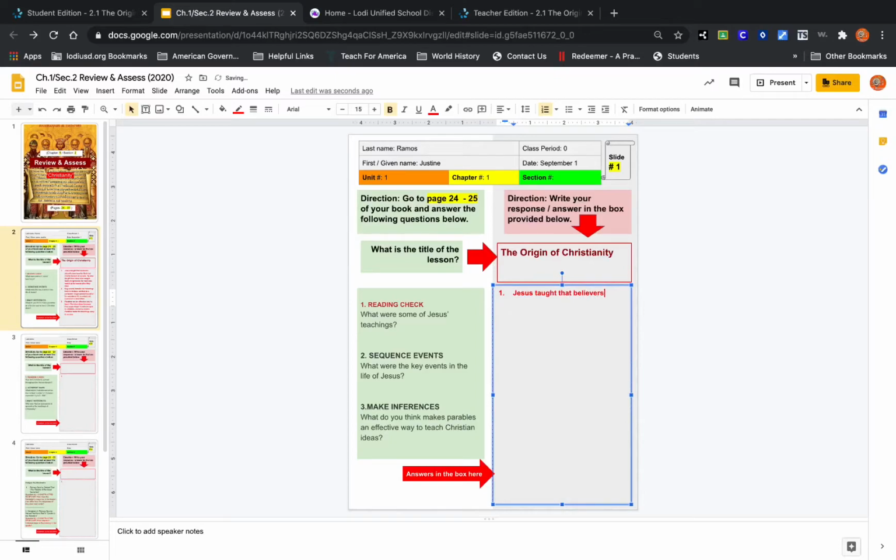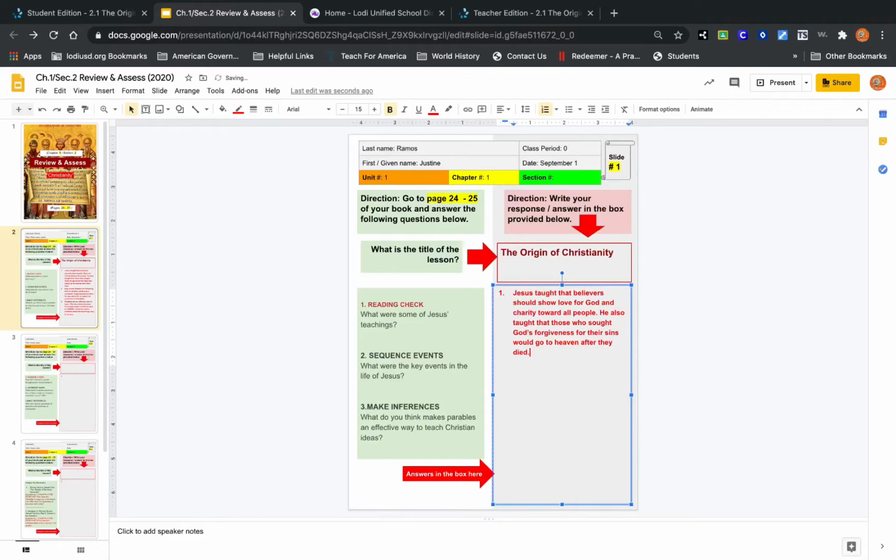Jesus taught that believers should show love for God and charity toward all people. He also taught that those who sought God's forgiveness for their sins would go to heaven after they died. So that's it for number 1.